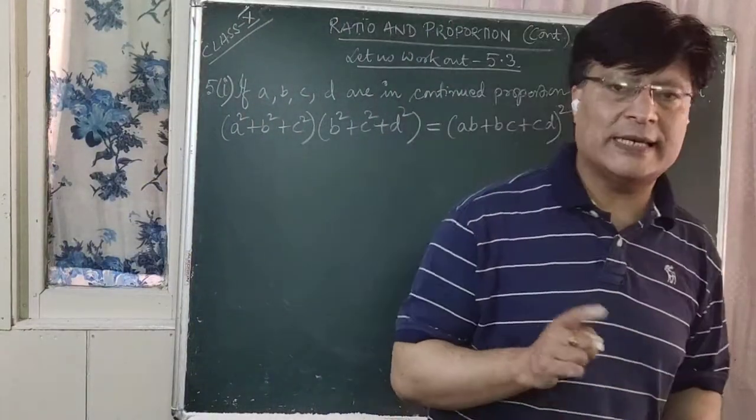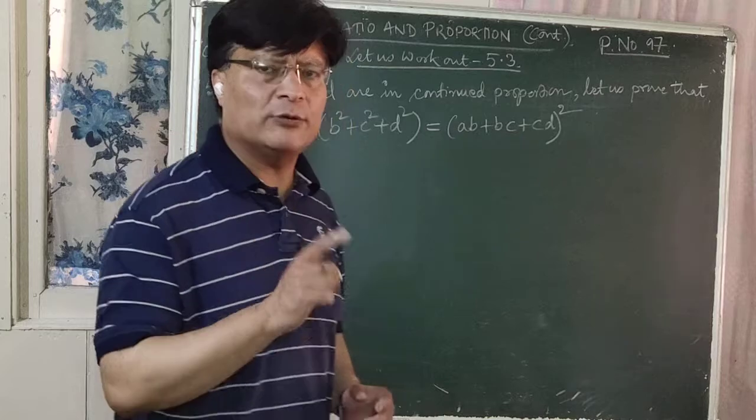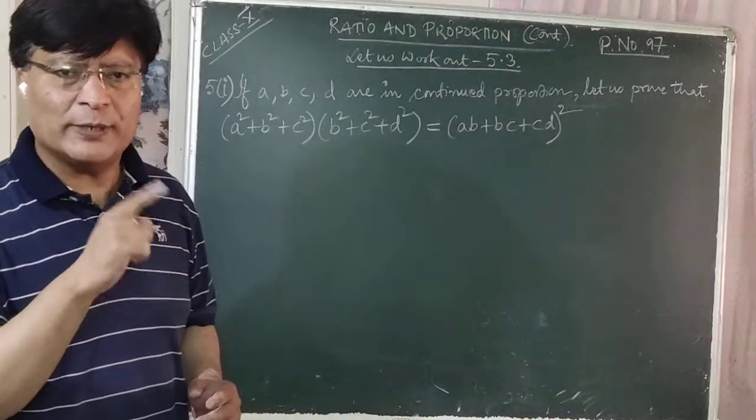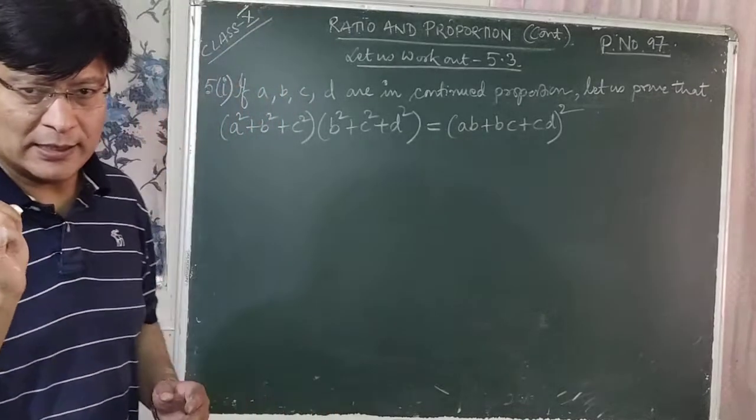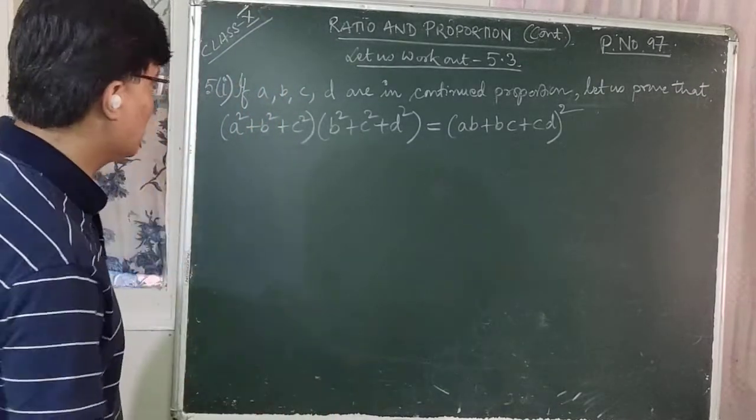So I told you about continued proportion. If a, b, c and d are in continued proportion, then you can write a is to b is equal to b is to c is equal to c is to d. You have to write it like that. Okay.